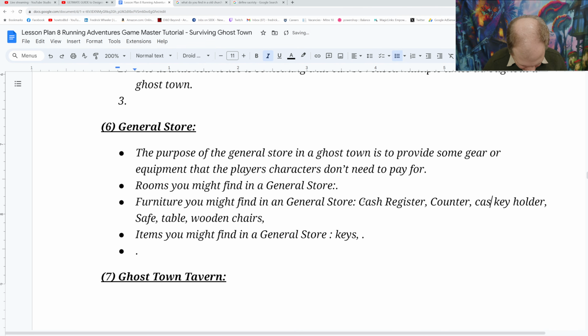Absolutely. Cash box is probably going to be quite a bit smaller though. Cash box, keys, account books.